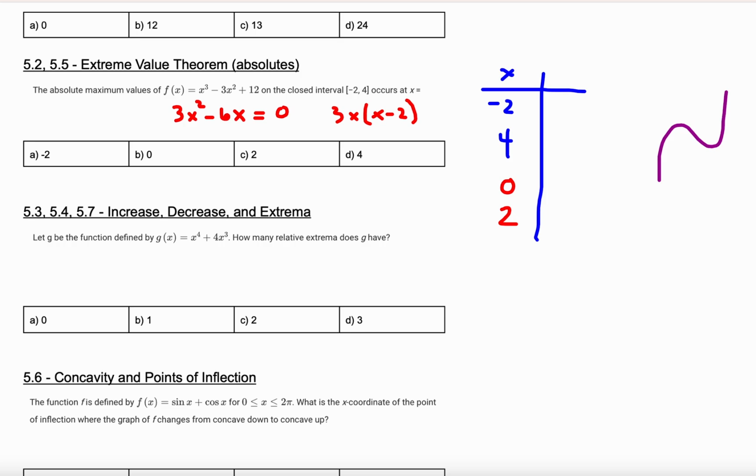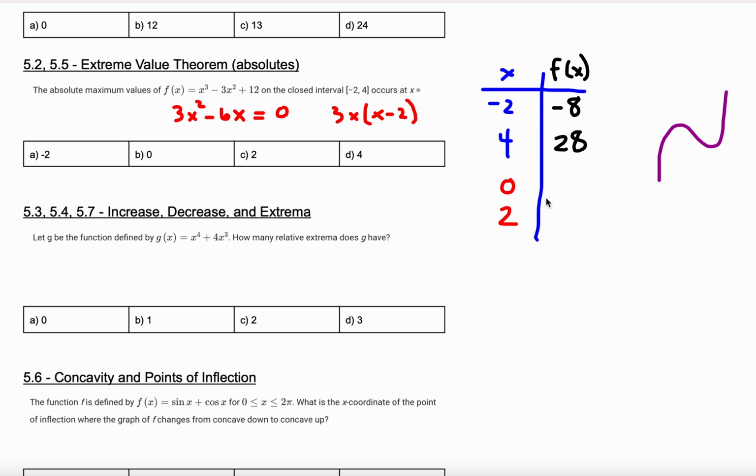We're going to plug these values into our original function so that I can get my output. So negative 2 goes in, we end up with negative 8. This would be minus 12 plus 12, that would be negative 8. 4 goes in, we'd have 64 minus 48 plus 12, that would be 28.